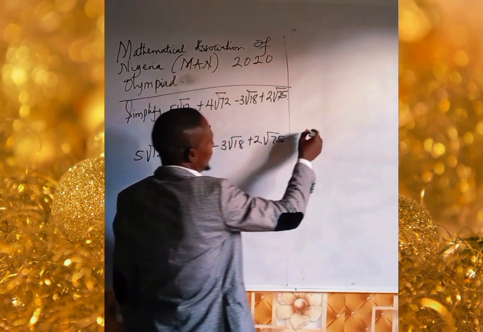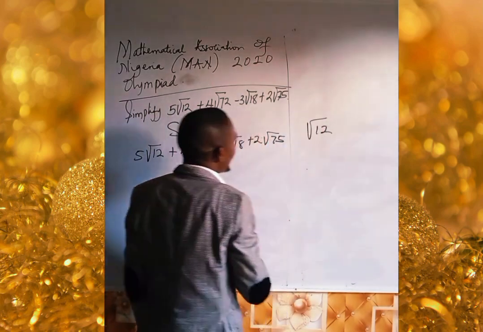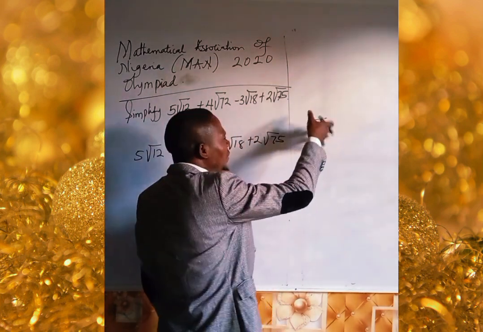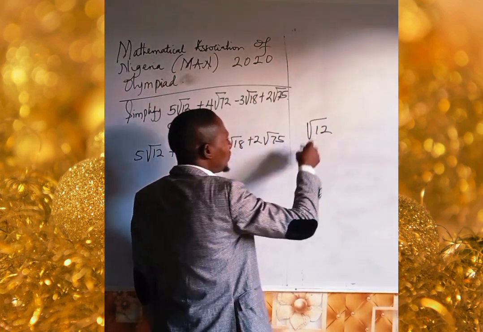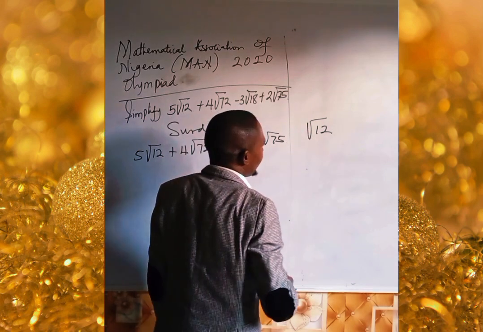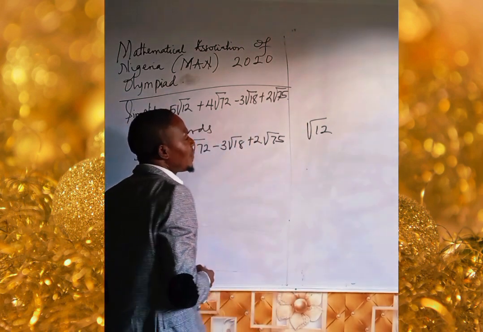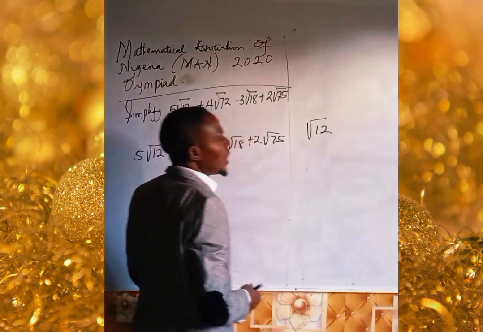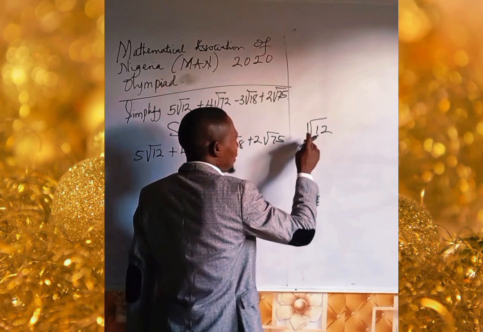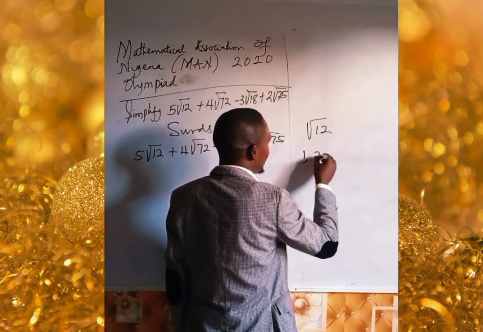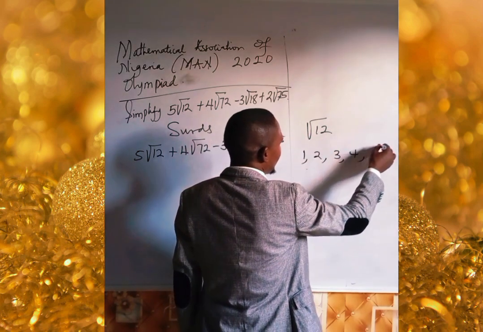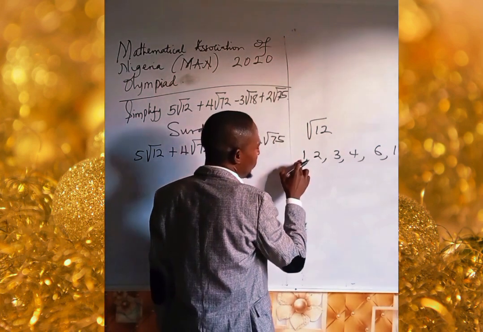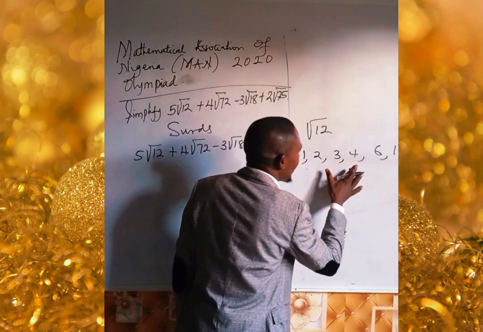Look at this, root 12. Now, what are we going to do? Look for a product of two different numbers, where one of the numbers is a perfect square, or the highest factor of 12 that is a perfect square. You know that factors of 12 are 1, 2, 3, 4, 6, and 12. Yes, this is a perfect square, but it is not the highest factor that is a perfect square.